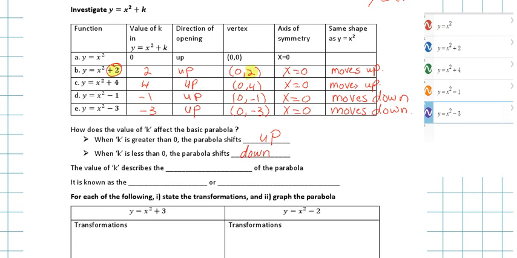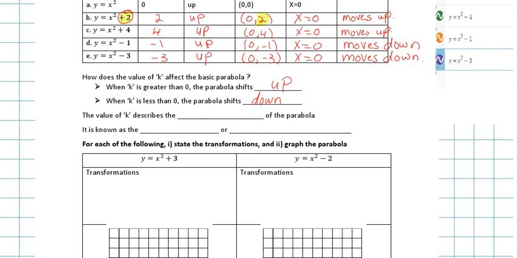The value of k describes the movement, the translation, the shifting.